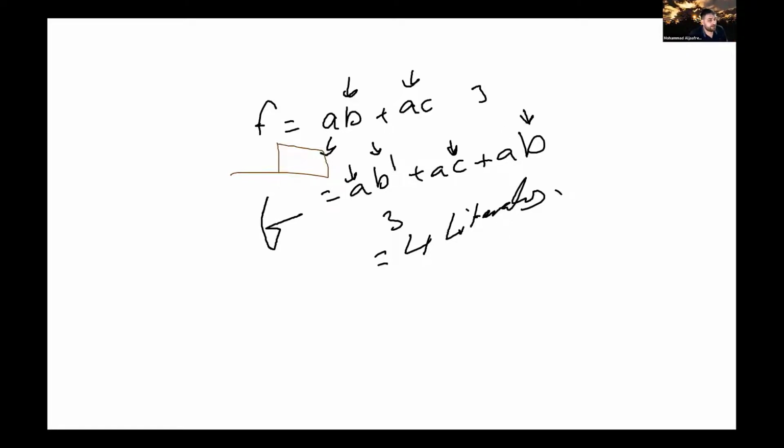Is that clear? The literals are the wider umbrella because literals include the variable and the complement. A is a variable and A prime is not a variable. It's still like this function F.